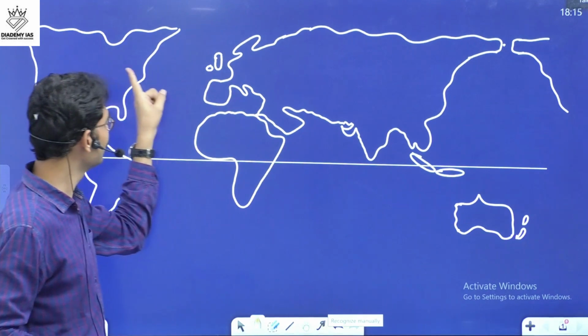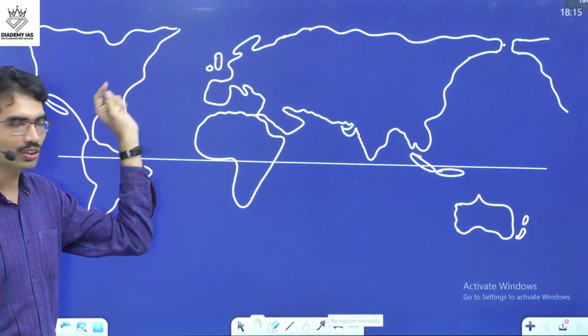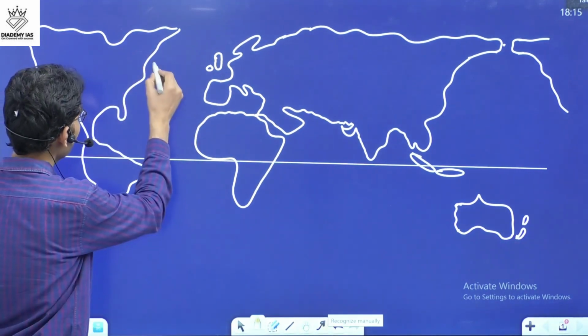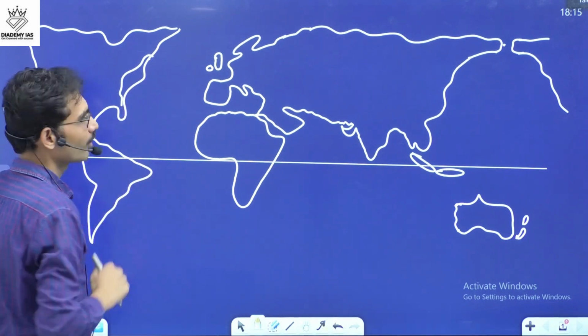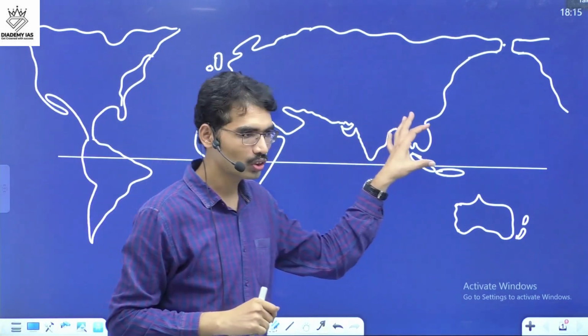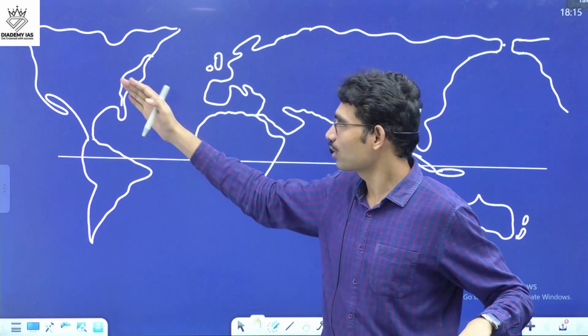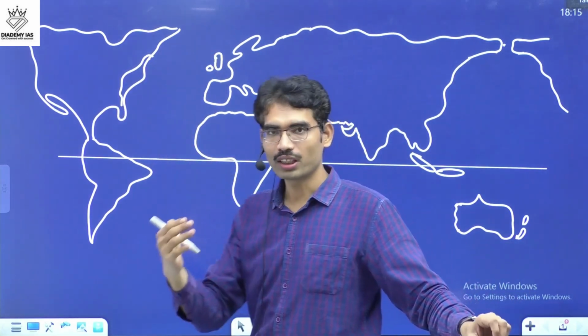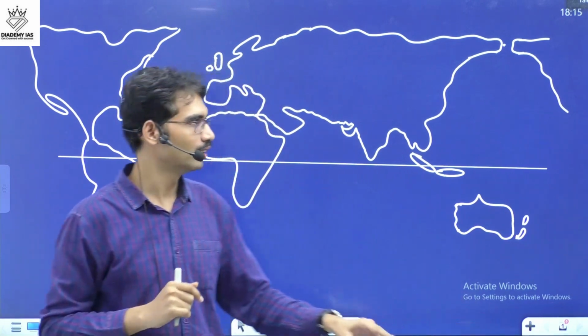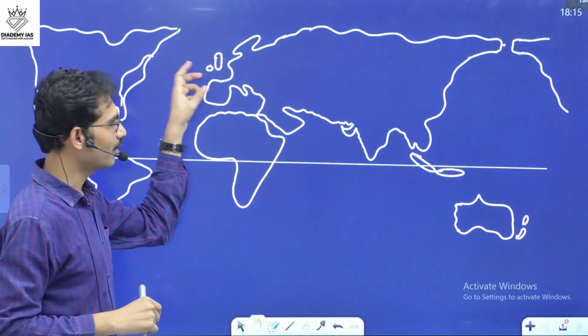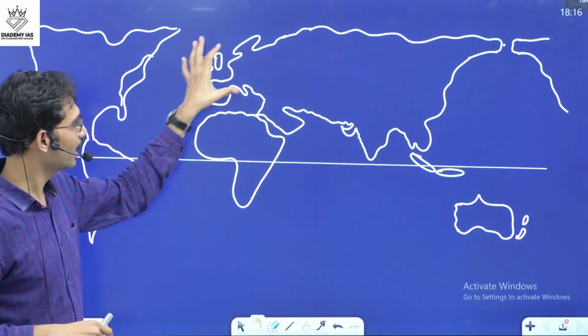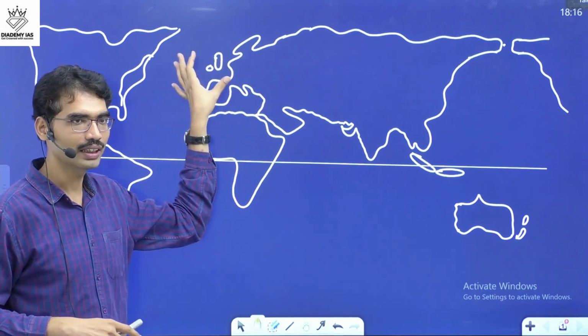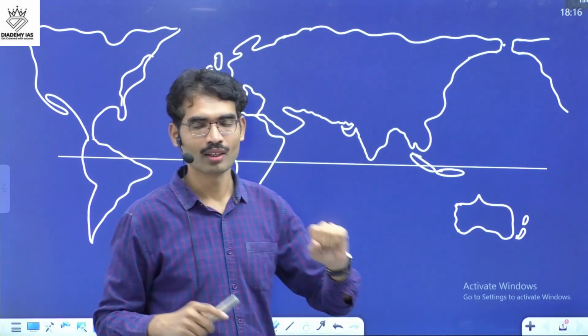Same thing happened here also, a British colony, the coastal area was a colony, like India was controlled by the British. Here also, in this land, the British controlled some territories. We call them American colonies. After some time, the American colonies also revolted against the British system and gained independence.